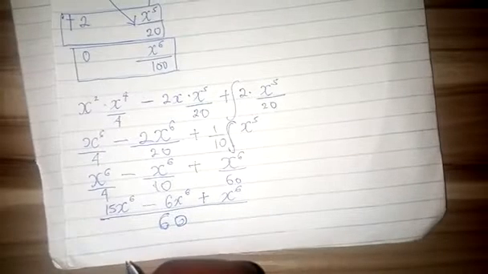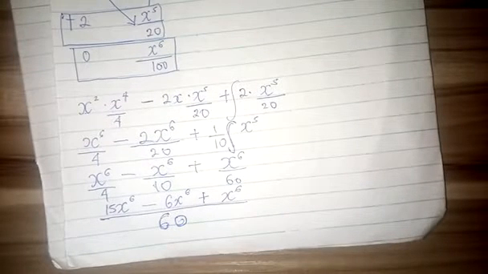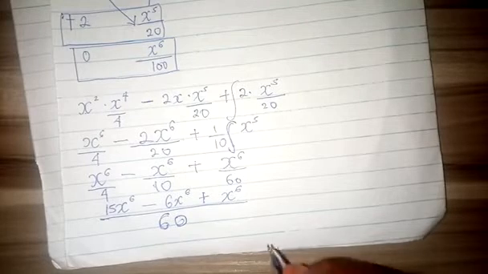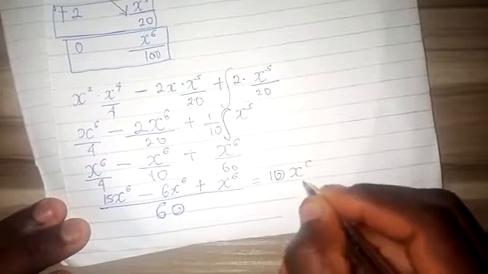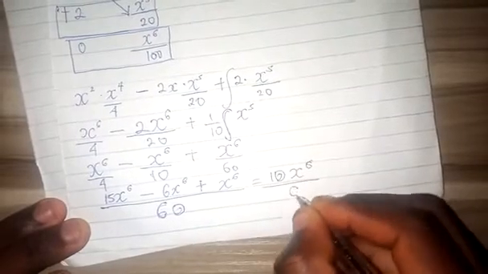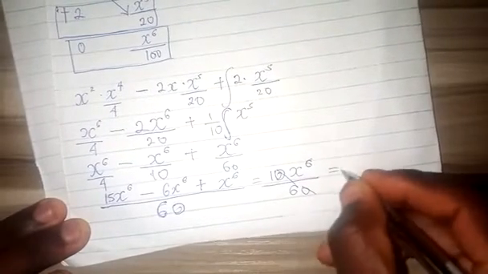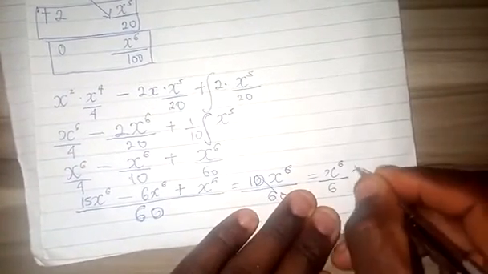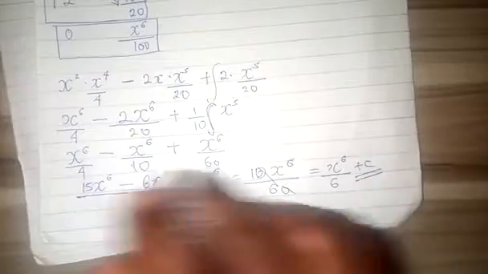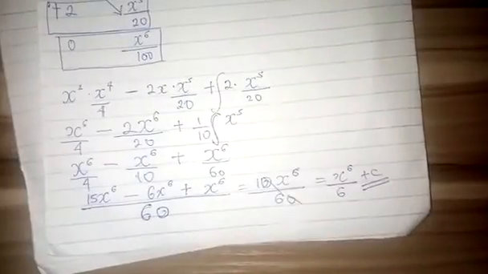So we have 15 minus 6 plus 1, we have 10. That will give us 10x raised to the power 6 divided by 60. We have x raised to the power 6 divided by 6 plus c. That is what DI is talking about.